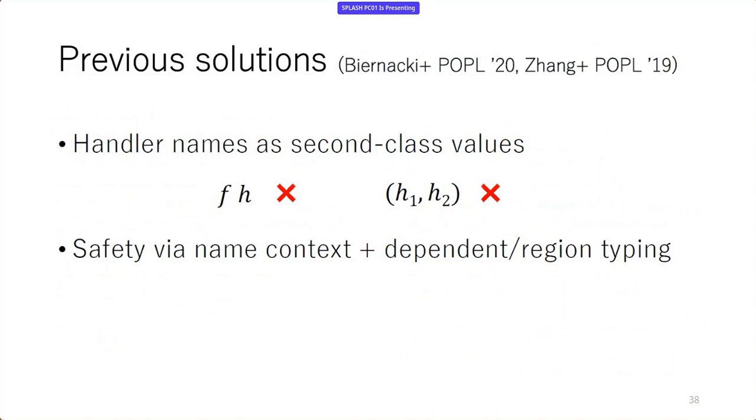And secondly, they augment the type system with an additional context for storing names and some mechanism similar to dependent or region typing. This guarantees that handler names can never escape. But is this the only way to obtain this guarantee?